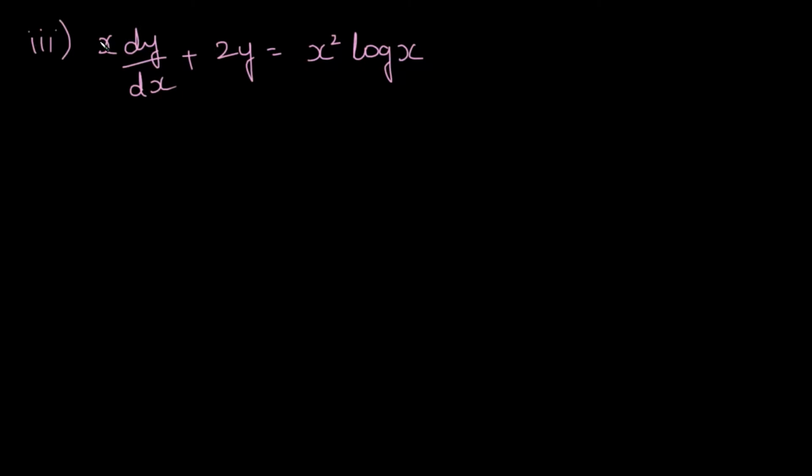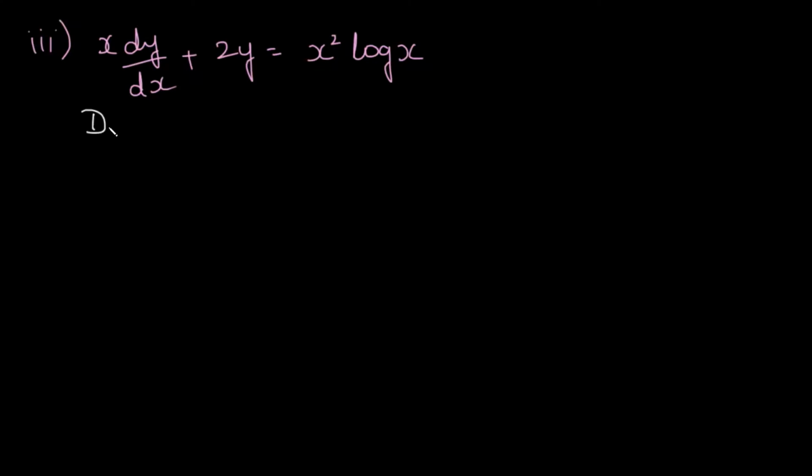Now the third sum, the question is x dy by dx plus 2y is equal to x square log x. As you can see over here, we cannot start the sum directly, because from here dy by dx the coefficient should be 1. So to make it 1, we divide each term by x.